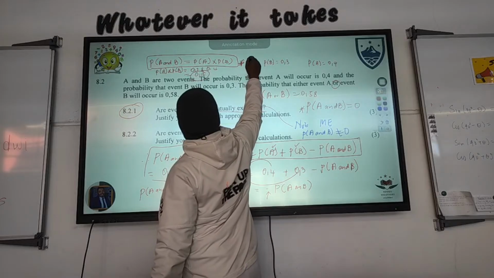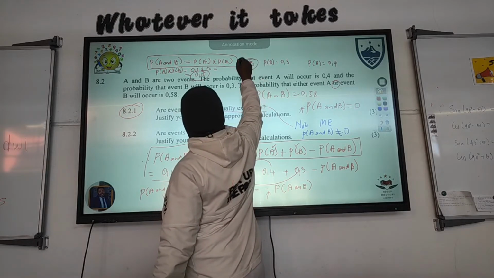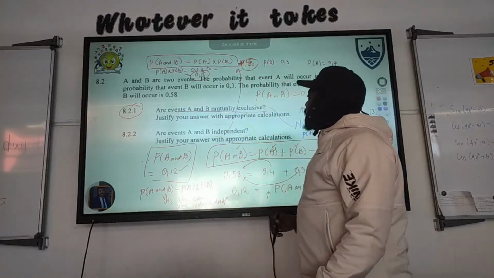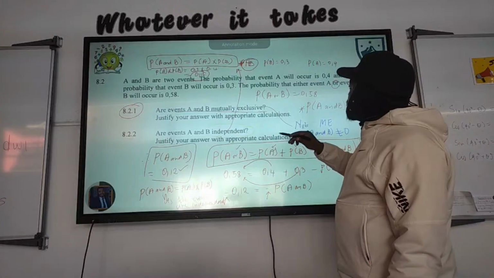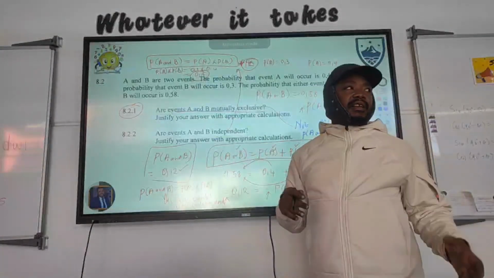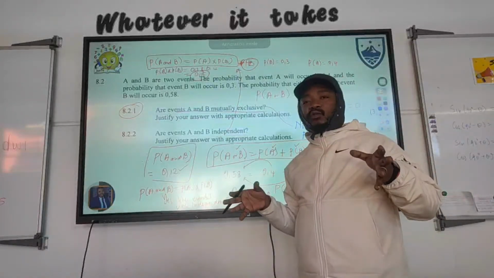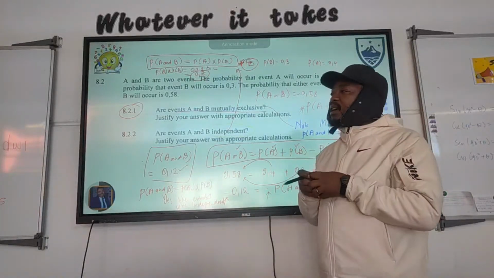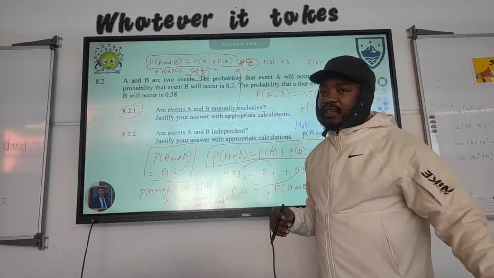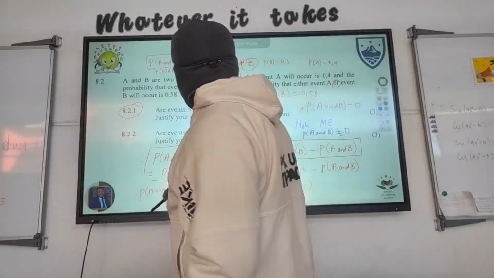Please remember this, and it only appears when we have independence. And for mutually exclusive, always remember that if two events are mutually exclusive to each other, they cannot happen at the same time. So the probability of A and B happening at the same time must give us 0.